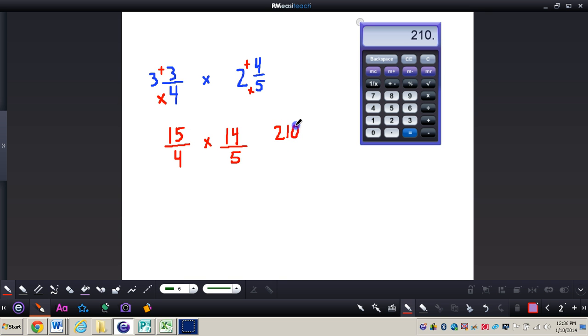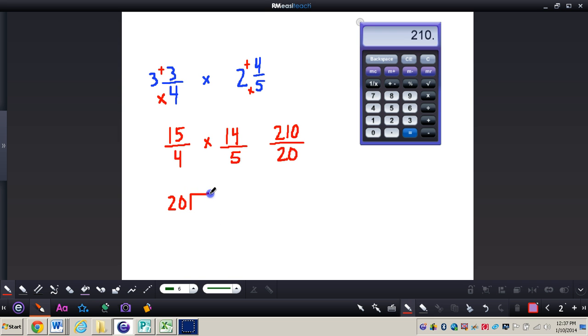That's going to be my numerator. Now, 4 times 5, pretty simple. It's going to give me 20. Now, we're not going to keep this as an improper fraction.